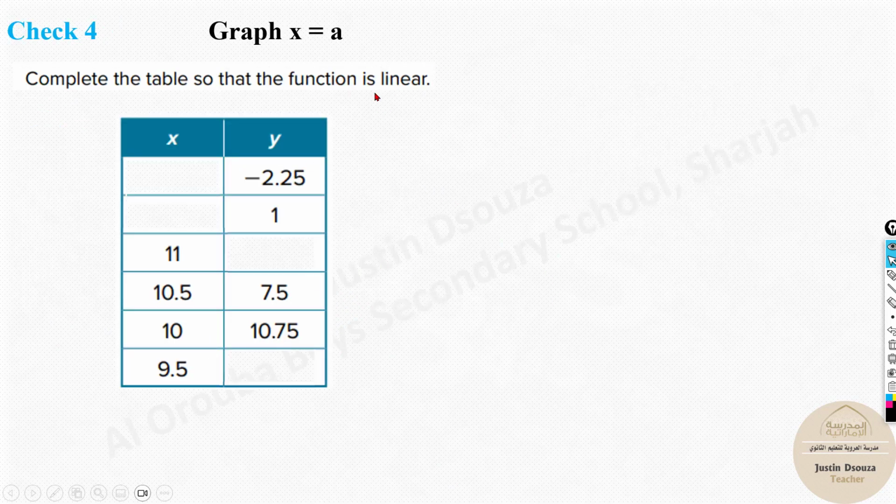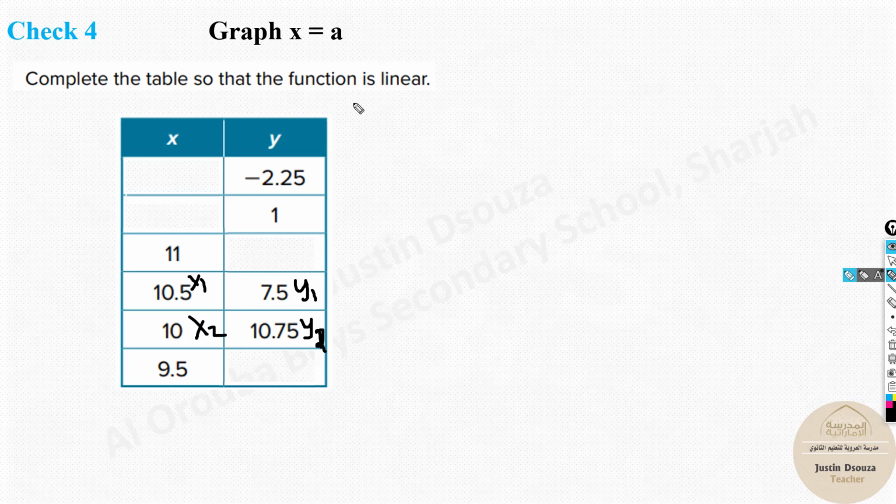Now here they have told us this is a linear function, please complete the table. To complete it, you need two consecutive values, at least one x and one y value, so both columns must have values in at least two rows. Here this can be taken as x1, then y1, x2, y2. Nowhere else can you change y because there is no y value.